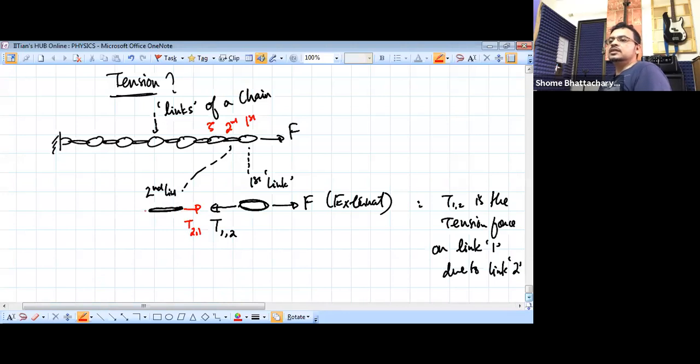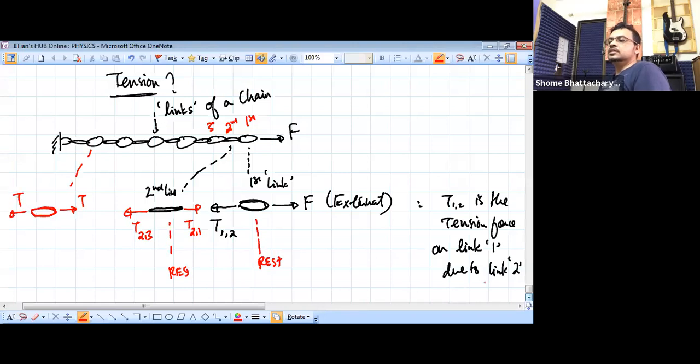But now the third link is pulling this in this direction so that this does not move. This is the force on the second link because of the third. Okay. So none of these are in motion. Now this one is at rest. This one is at rest. So like that, any general one you take, you see that it's pulled on either side with tension.